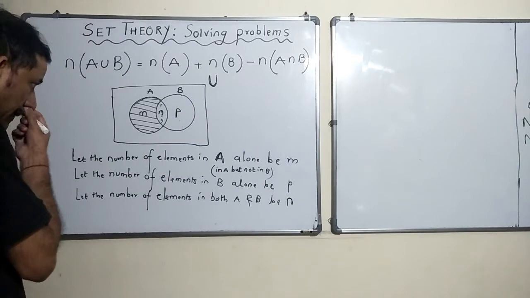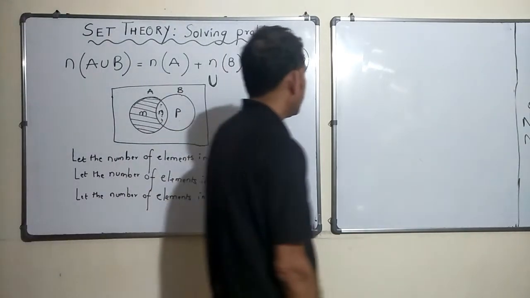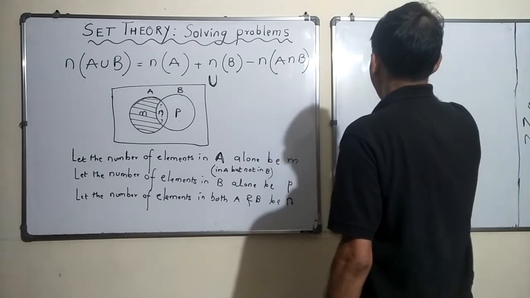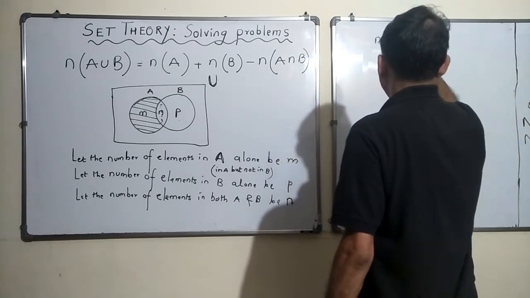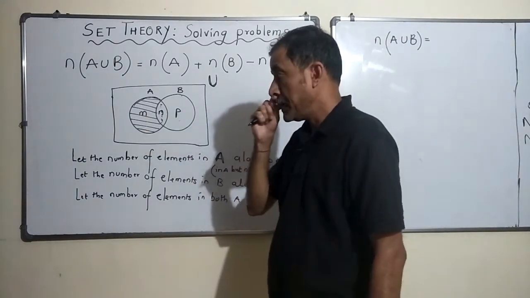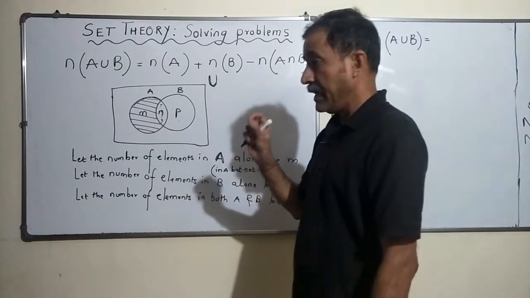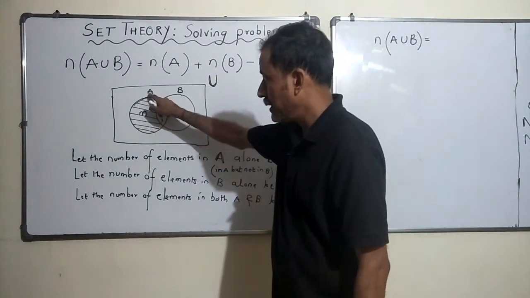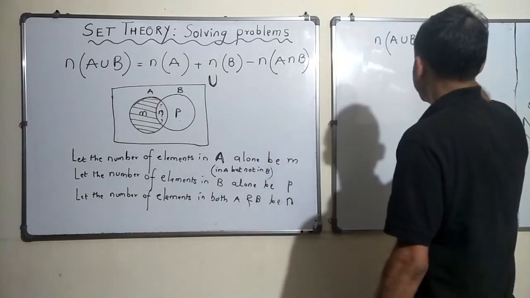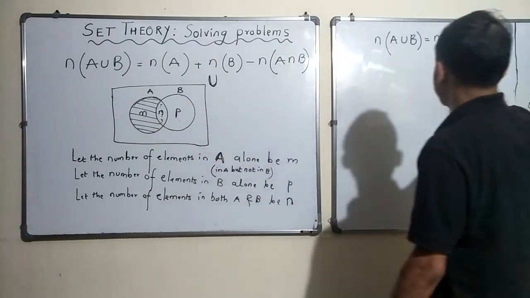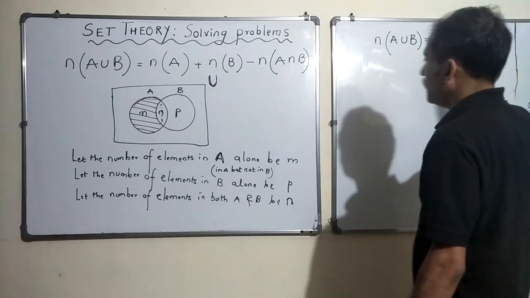Now, the number of elements in A union B is nothing but, what are the elements? A union B means the elements are either in A, which are M elements, or in B, which is P elements, or in both.